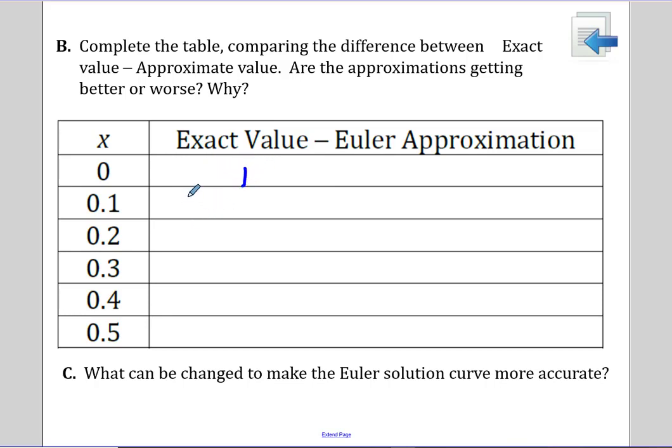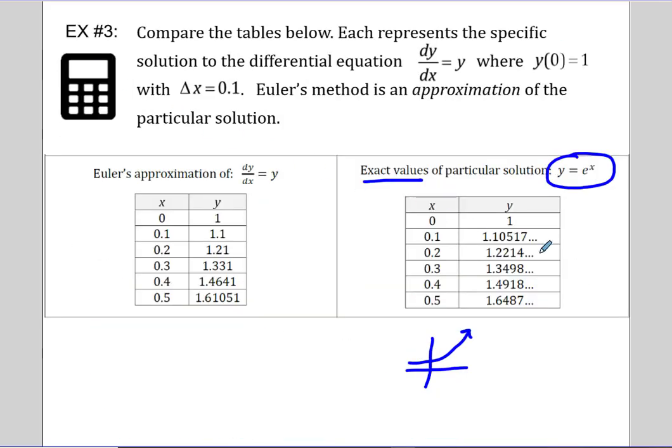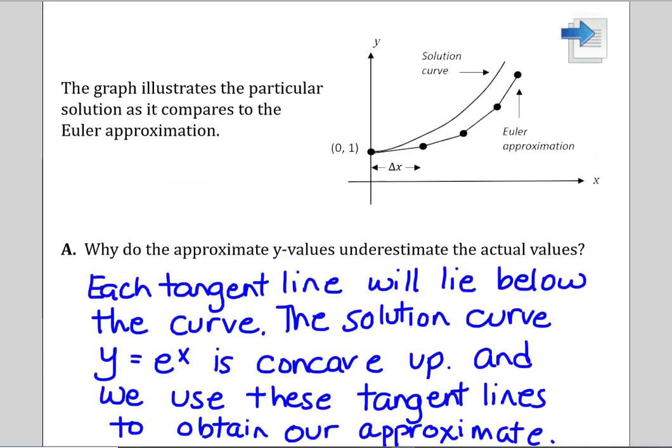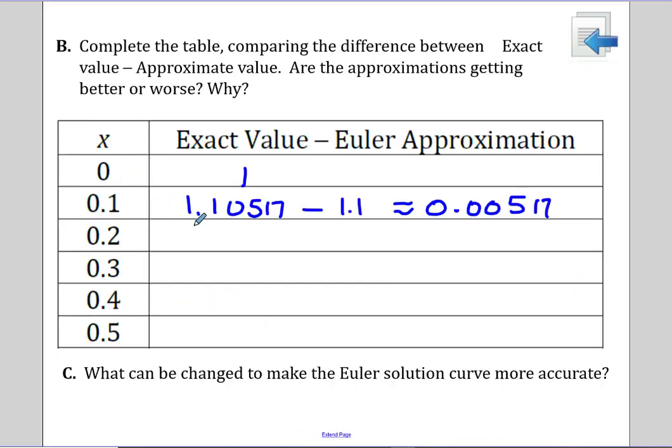And then in the next one, we got 1.10517, and we're subtracting 1.1, so we're getting roughly 0.00517. I'm taking those numbers off of the table back here, comparing this minus this, and this minus this, all the way down. So you may want to turn off the video and come back to see if you get the same results as I have.